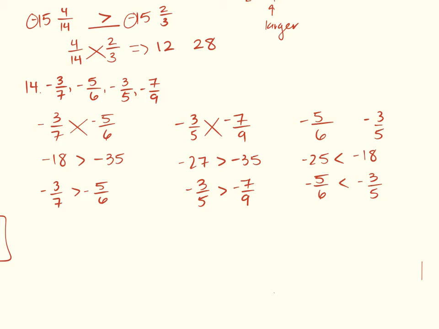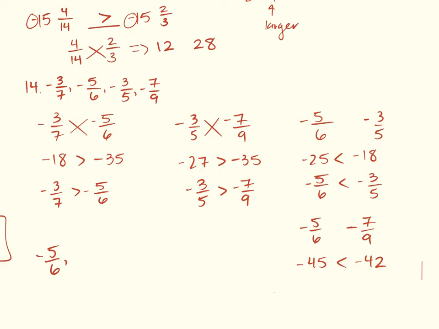So let's see if it's actually the smallest out of all of them by comparing -5/6 and -7/9. This is -45 and -42. -42 is greater than -45, so -5/6 is going to be my smallest one.